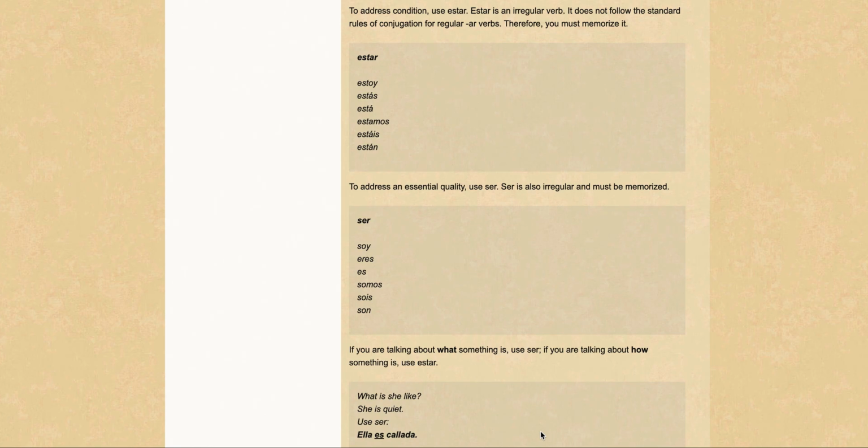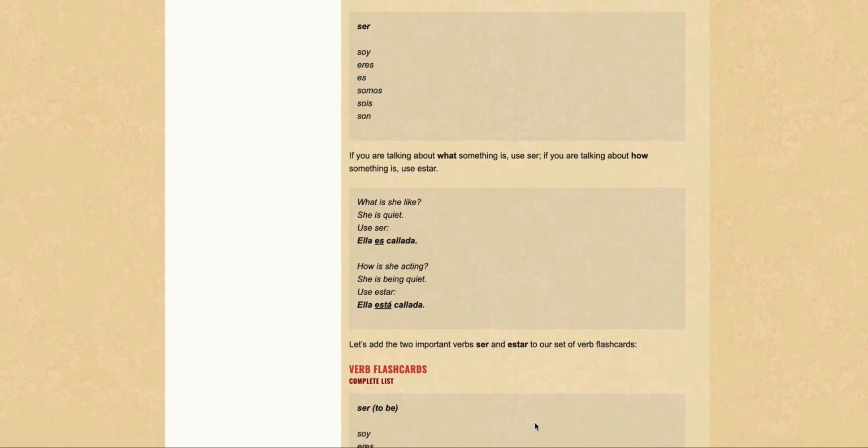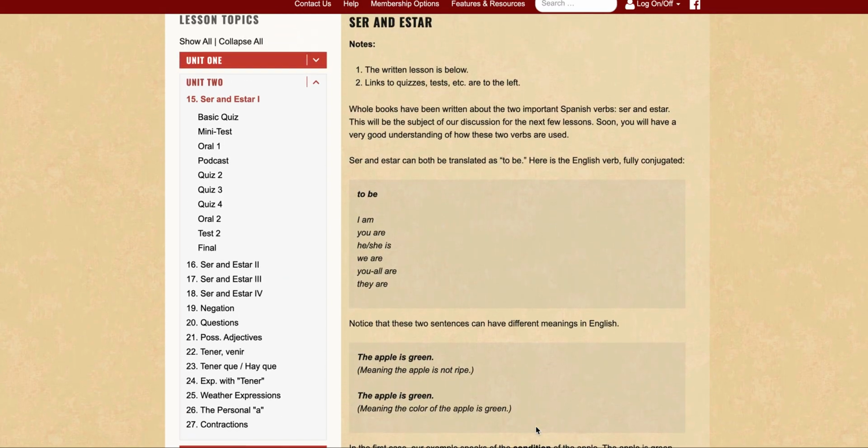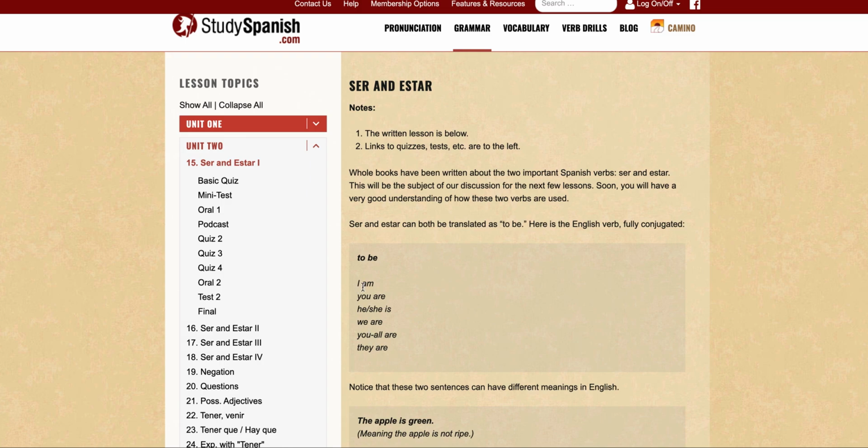So for instance, estar is estoy, estás, está, estamos, estáis, están, and ser is soy, eres, somos, sois, son. Basically it follows this: I am, you are, he or she is, we are, you are, and they.